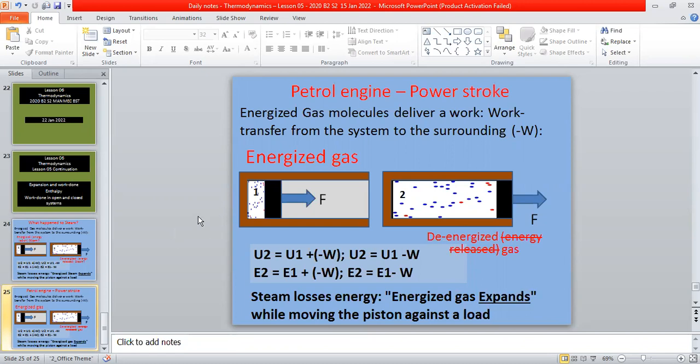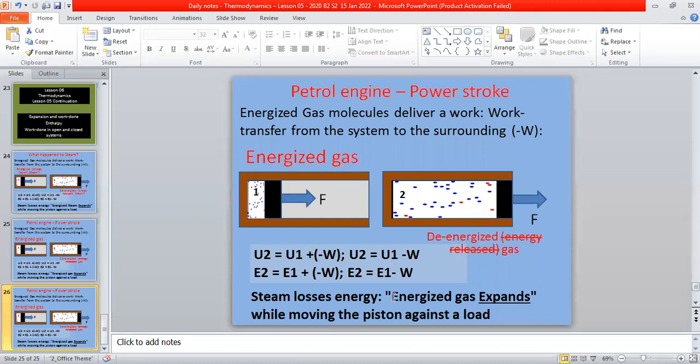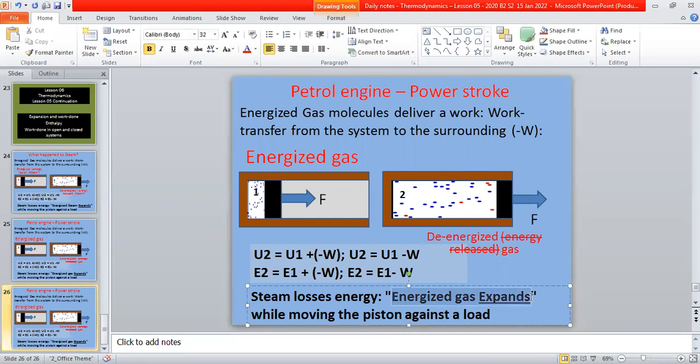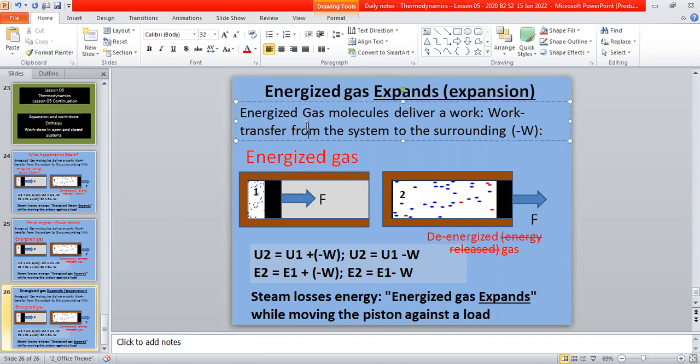The next topic here is the same. Energized gas expands, so I'm writing this as expansion.